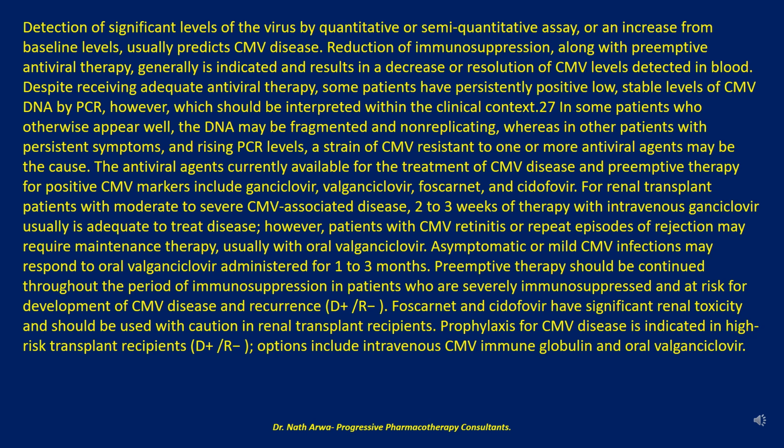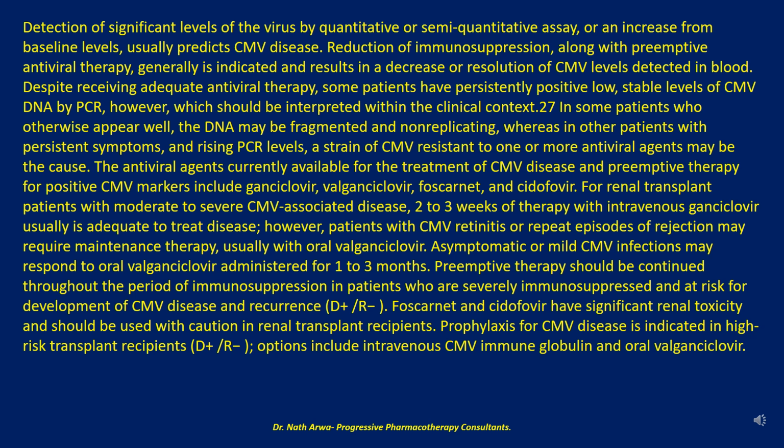Detection of significant levels of the virus by quantitative or semi-quantitative assay, or an increase from baseline levels, usually predicts CMV disease. Reduction of immunosuppression, along with preemptive antiviral therapy, generally is indicated and results in a decrease or resolution of CMV levels detected in blood.